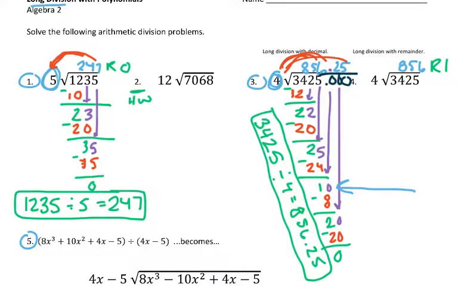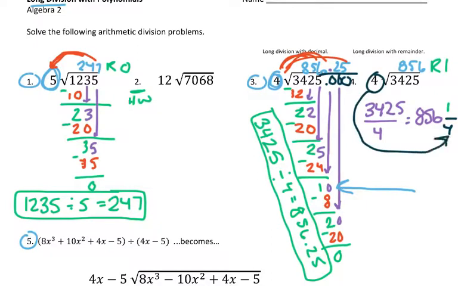And this is where we actually get to say that 3,425 divided by 4 is actually 856 with 1 over 4. And so where does that 4 come from? Our 4 is the divisor, and our 1 is the remainder. And hopefully you can see that 856 and 1/4 is the same as 856.25, because 0.25 is 1/4.